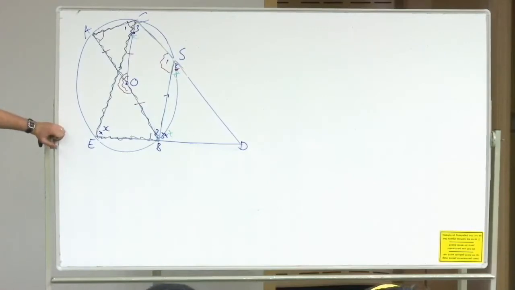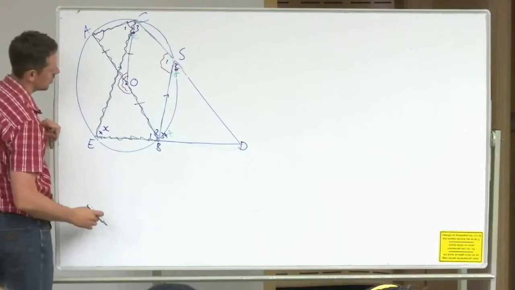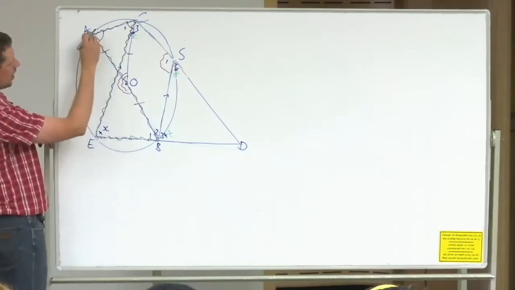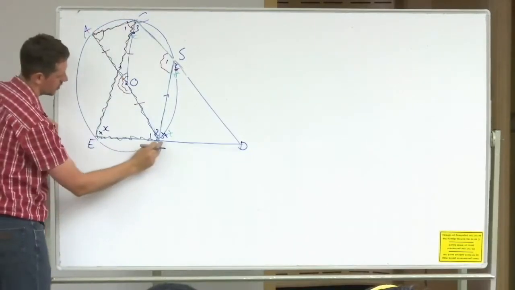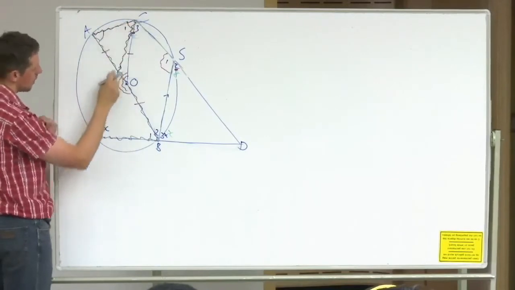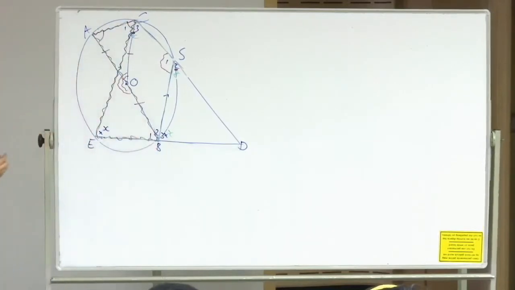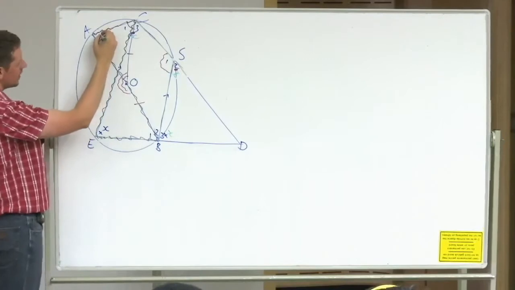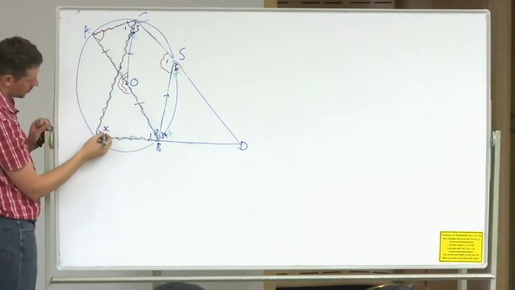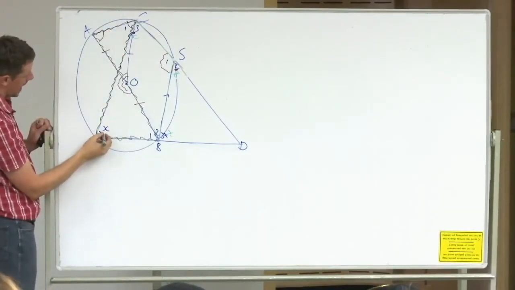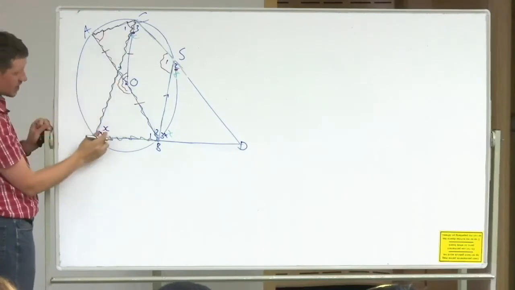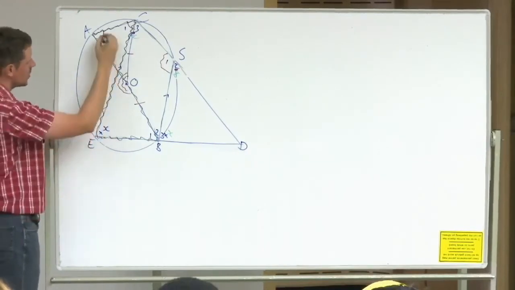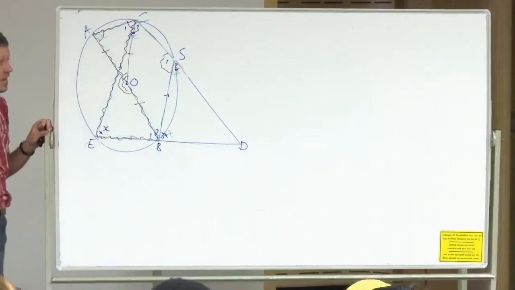Now, let's have a look what I have further. Let's look at the black one. Let's look at this black one here. Angle A must be equal to angle E because it's angle in same segment, my bow tie. So this one is x as well.